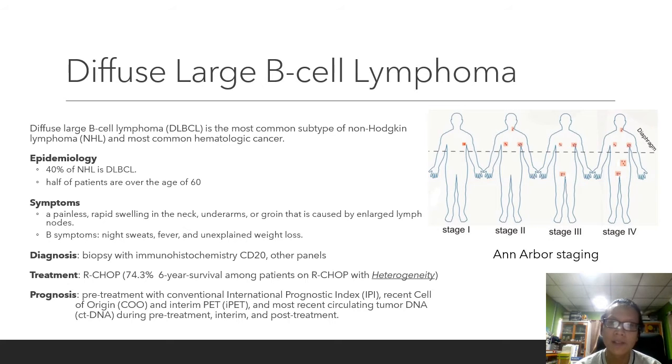Diffuse large B-cell lymphoma is one of the most common subtypes of hematologic cancer, and its prognosis depends on many factors, including the International Prognostic Index, cell of origin, interim PET scan, and circulating tumor DNA, or ctDNA, during pre-treatment, interim, or post-treatment.